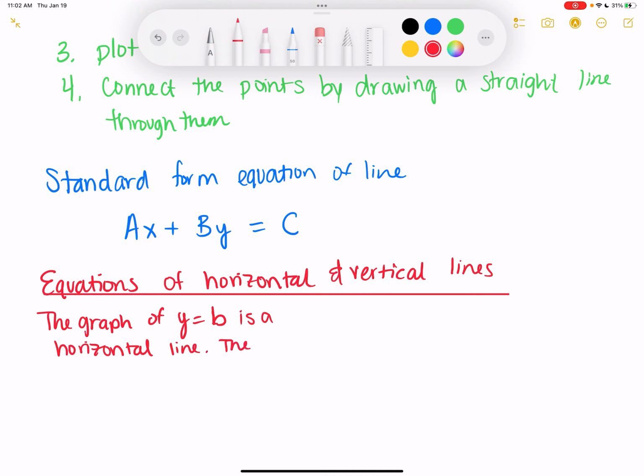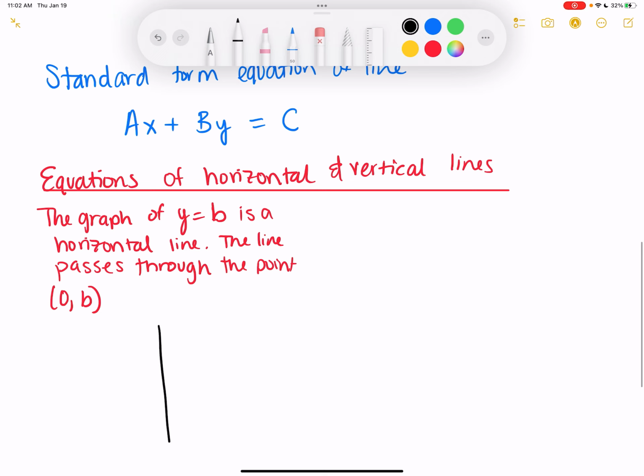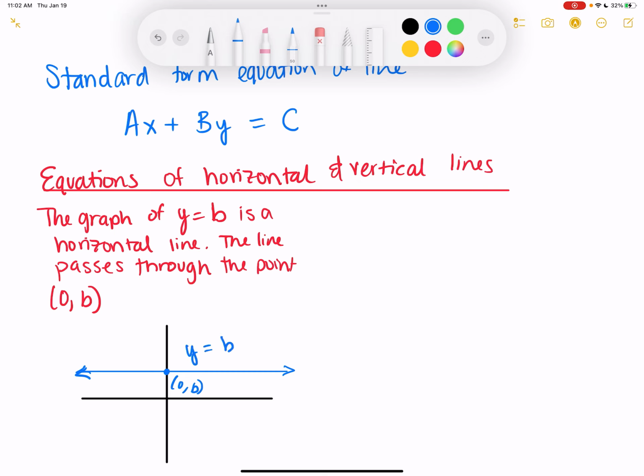The line passes through the point (0, b). That would look something like this. You have a point here on the graph that is the point (0, b). A horizontal line goes like this through it. The arrows just indicate that it's continuing on. This would be the graph of y = b.